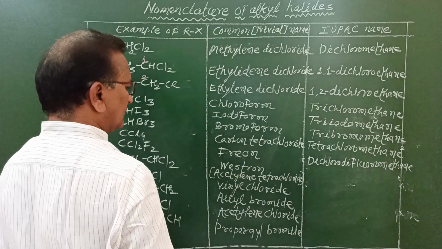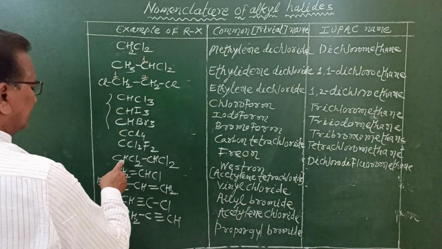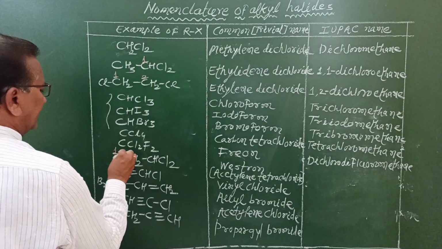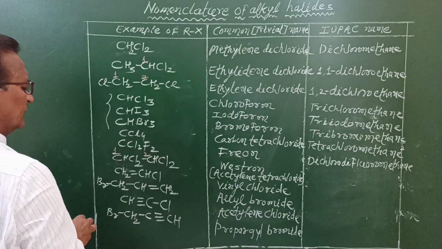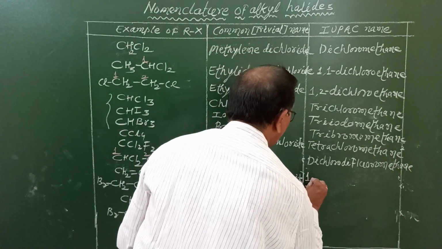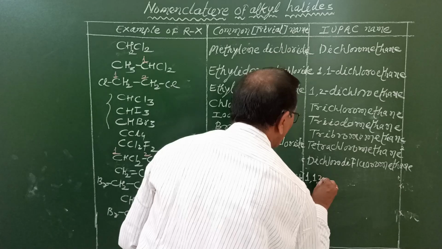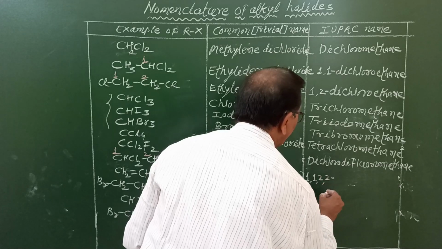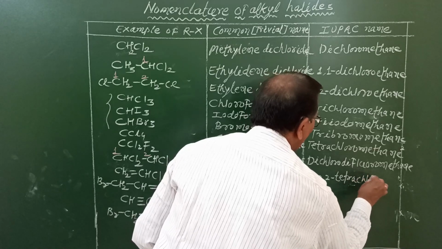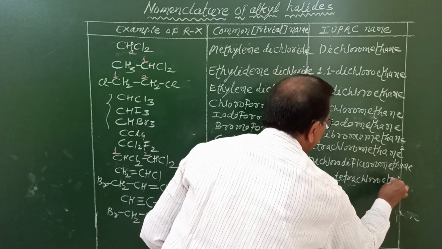Next, Westron. 2 chlorine atoms are bonded to carbon number 1, 2 chlorine atoms are bonded to carbon number 2, so this is called 1,1,2,2-tetrachloroethane.